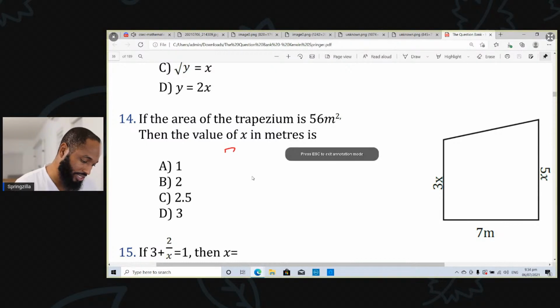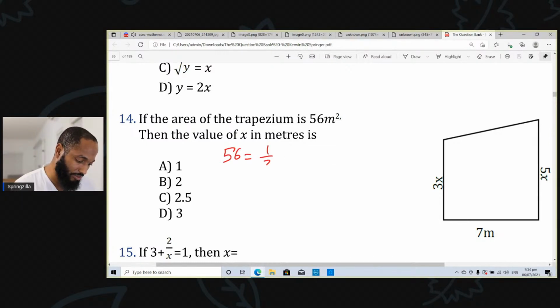If the area of a trapezium is 56, then the value of x is, all right, so 56 is equal to half the sum of the parallel sides multiplied by the height.